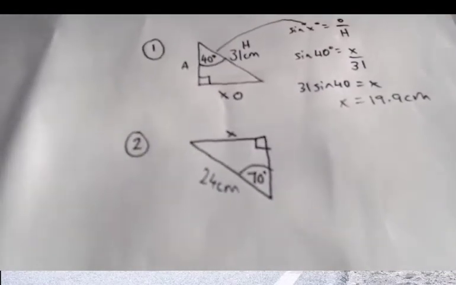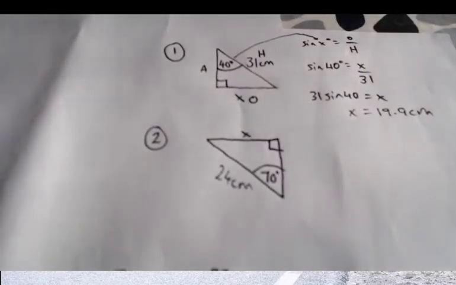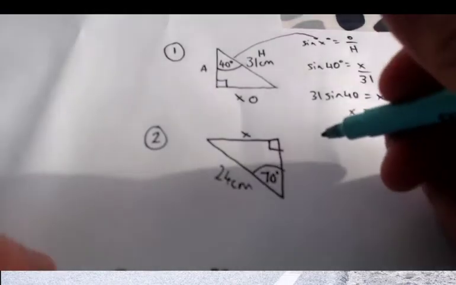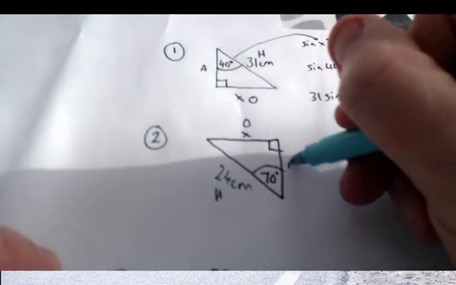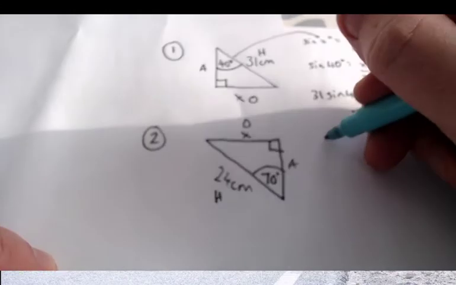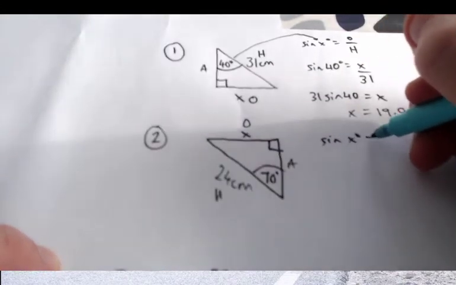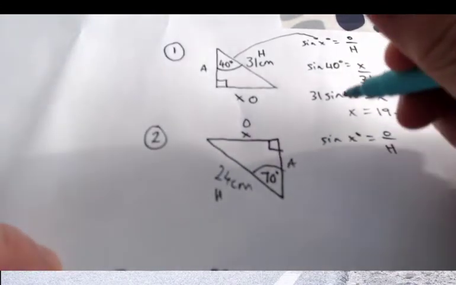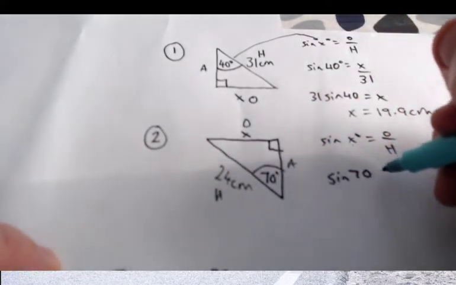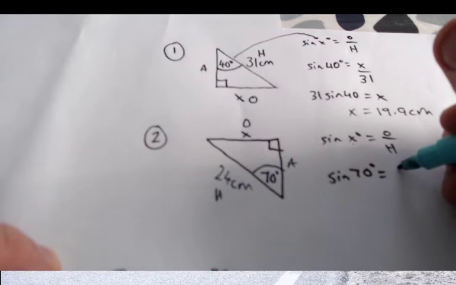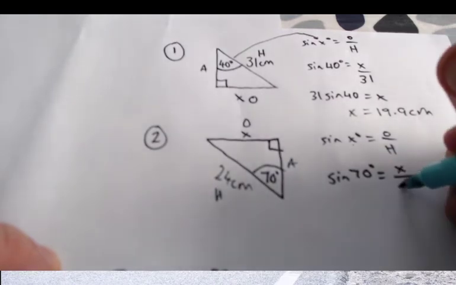Okay, here's the second one. Hit pause, give it a go. Right, start by labelling the sides. Opposite, hypotenuse, adjacent. Write the rule. Sine x equals O over h. Fill in the information. The angle, remember, comes in here. So sine 70 equals opposite, which is x over 24.